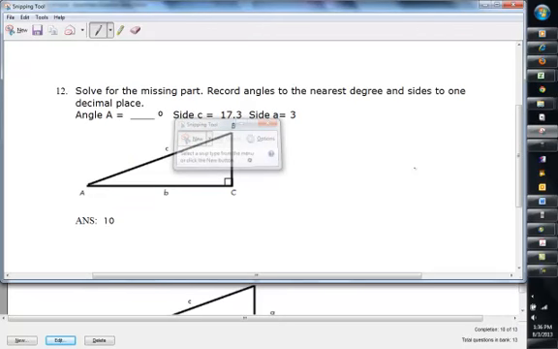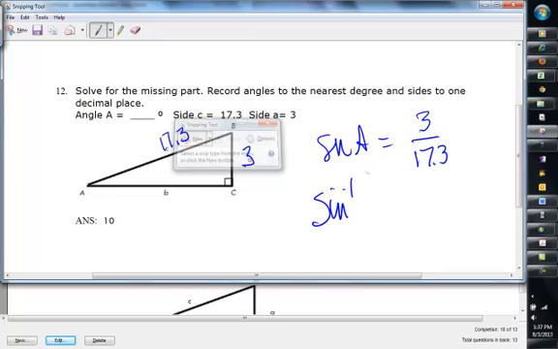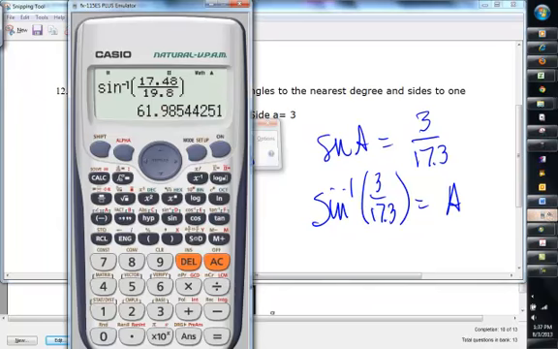I'm looking for angle A. This is 17.3, and this is 3. So sine of A is 3 over 17.3, or sine inverse of 3 over 17.3 is A. Looking for the angle, press Shift first.